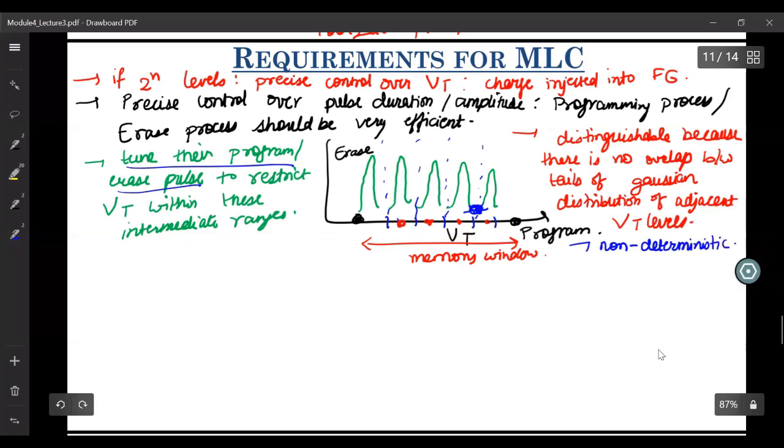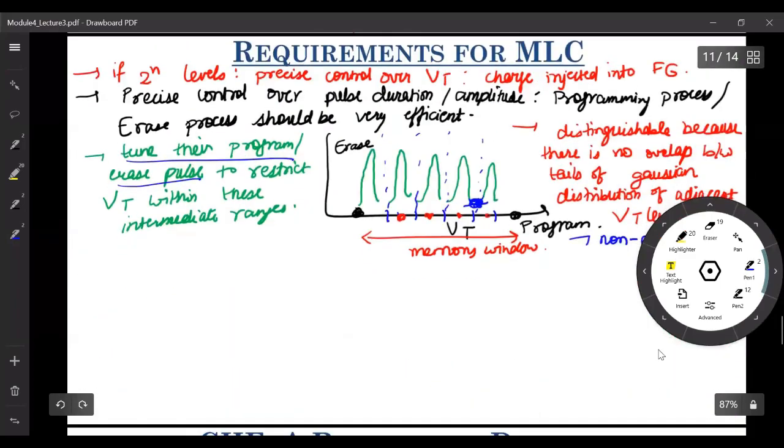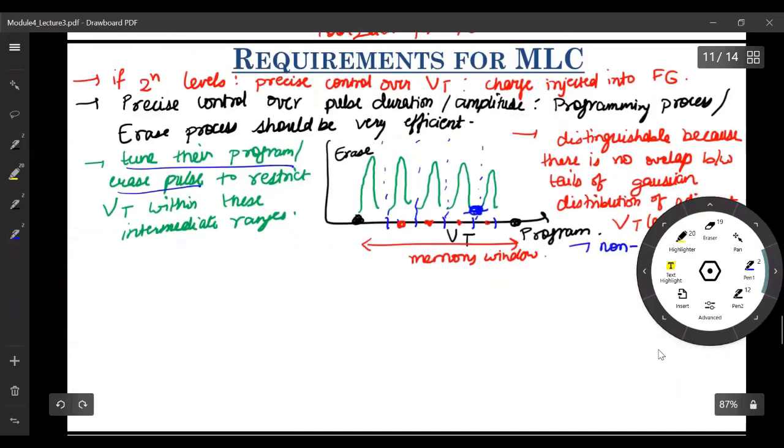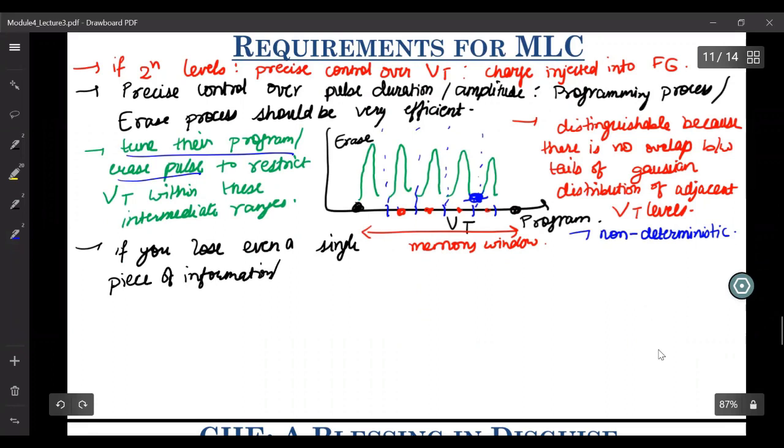And the worst part about this, let me write that as well, the worst part about MLC is if you lose even a single piece of information or a single level defect, your memory no longer remains n bit.